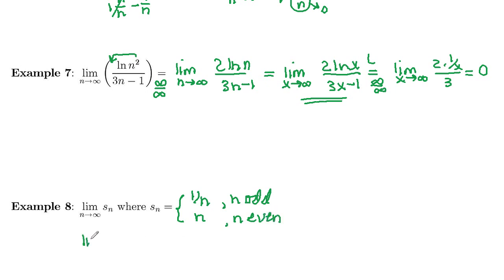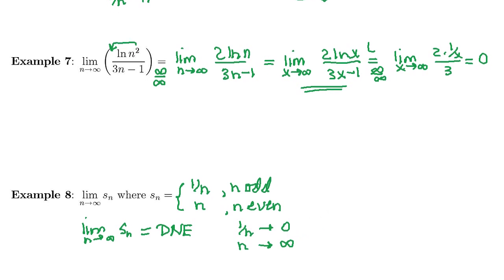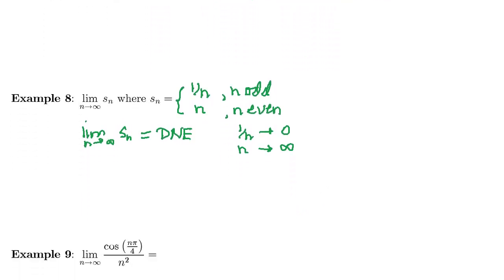And this limit did not exist, because the 1 over n terms were going to 0, but the n terms are approaching infinity. They're not approaching the same thing. Okay, if there's a limit, it has to be unique. They have to be approaching the same thing.